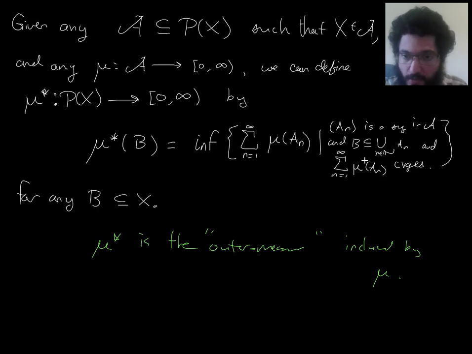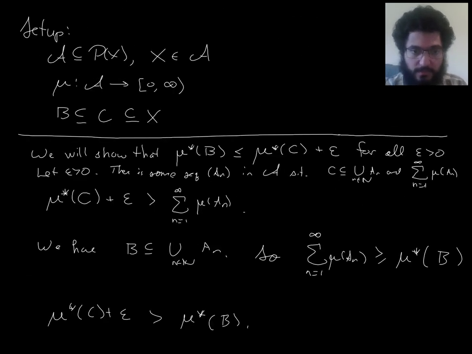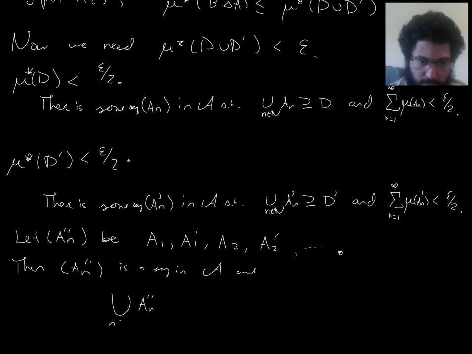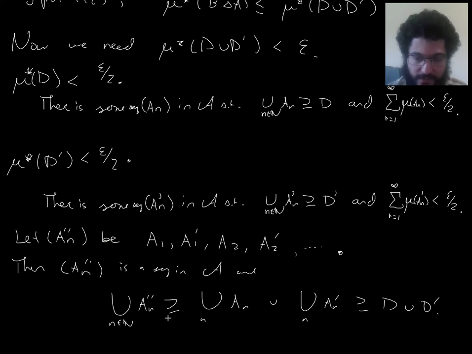And I want the series to converge. So those are the things that I want. So this is a sequence in fancy A. Good. And if I take the union, then that definitely contains the union of the A_n's and the union of the A_n primes, right? So that contains D union D prime. So it definitely covers D union D prime.